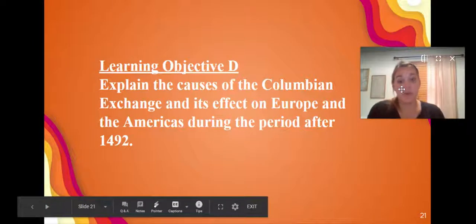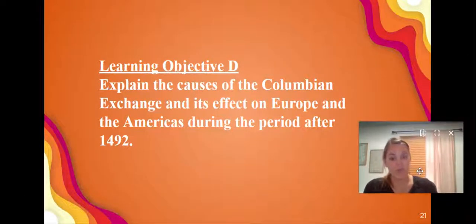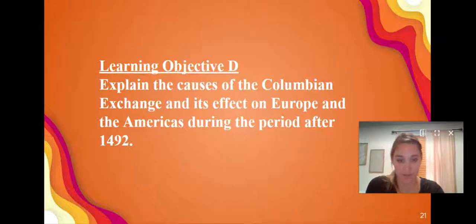So, to conclude, we are looking here at the learning objective, where we want to understand the causes of the Columbian Exchange and its effect on Europe and the Americas.